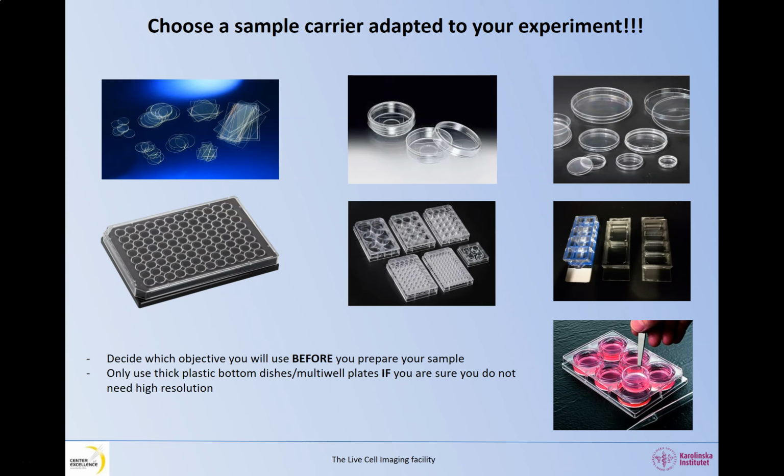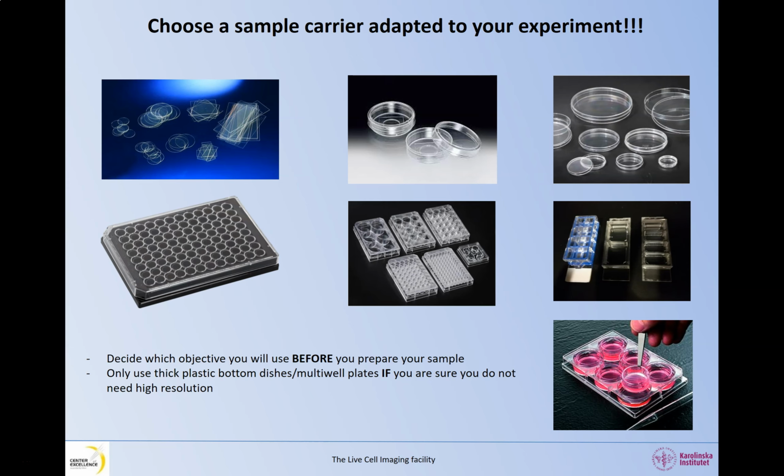For multi-well plates and dishes, you can find inserts too, with membranes made of polycarbonate or polystyrenes. Depending on the application, as for example, co-culture studies, transmigration, chemotaxis, their design might differ as well as the pore size. Here I illustrate only a few of the multitude of options available.